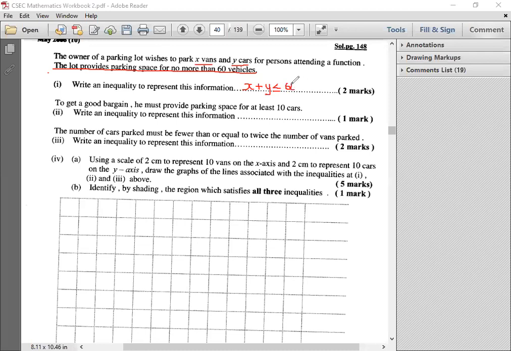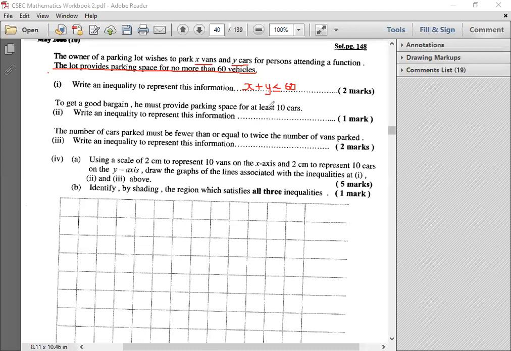How many persons got that? Me, sir. Okay. Now to get a good bargain, he must provide parking space for at least 10 cars.